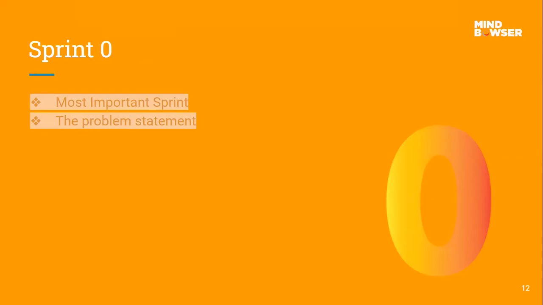Here we try to explain to the team what exactly is the real-world problem we are trying to solve, why the project is there, and what problem we are solving. Then we check the client's vision and the goal he or she has.